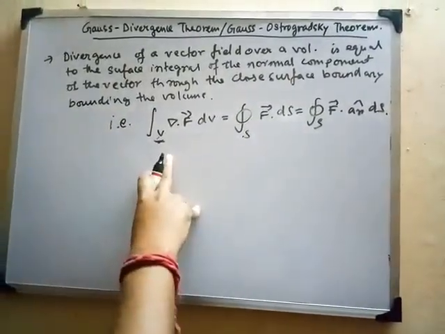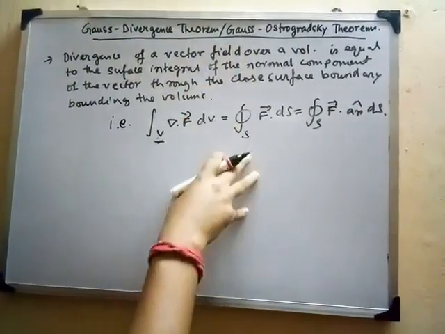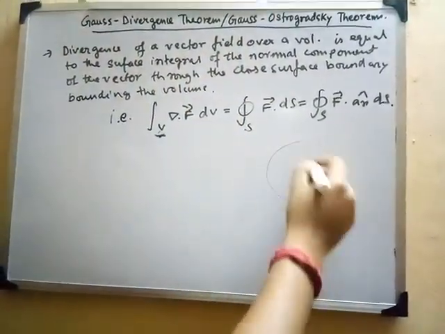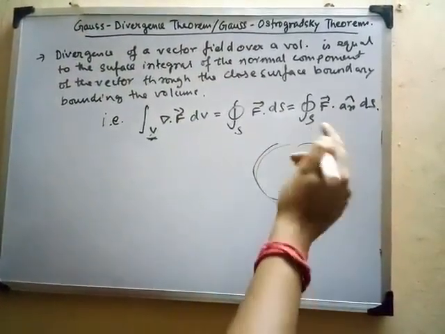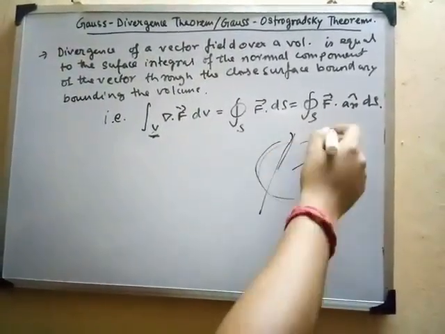Once more let me tell you that this theorem says that suppose there is some volume, of course a 3D volume. Now some vector field is there, I mean some vector is passing through it.